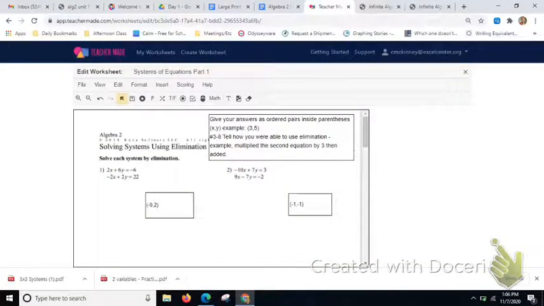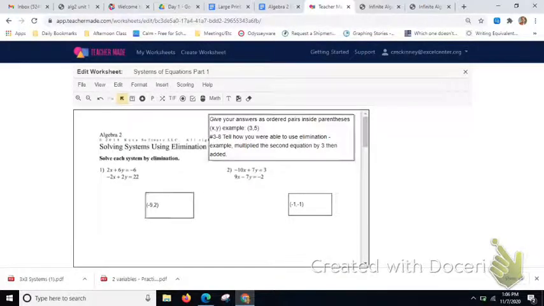Your assignment is going to be posted on Google Classroom, and you should get the first two right. But as you're doing that assignment, you are going to be asked to give your solutions in ordered pairs.